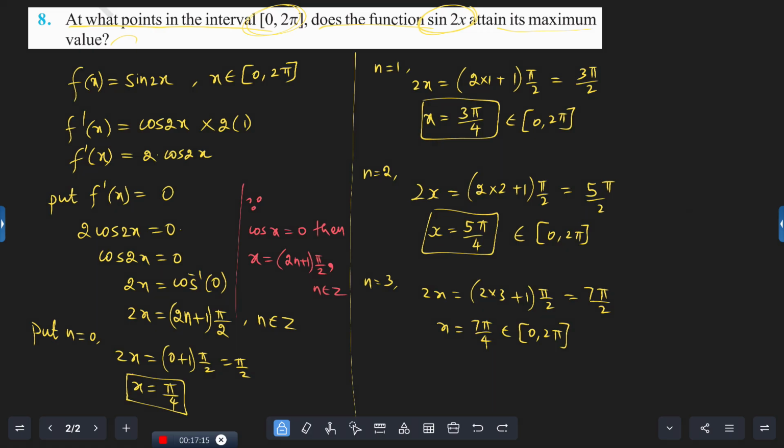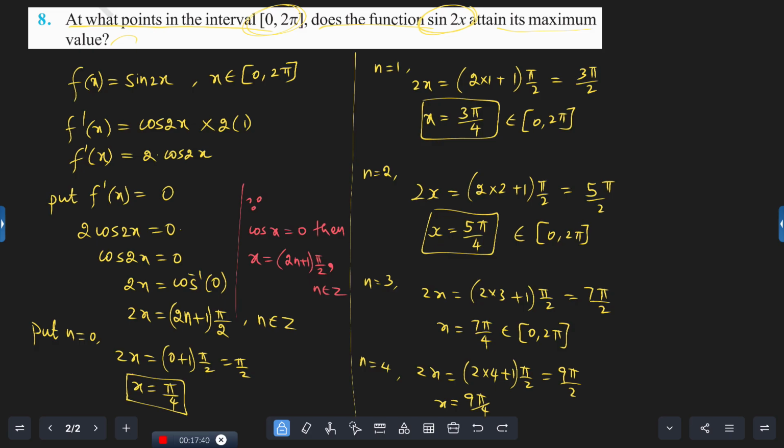Understand? Now finally, n equal to 4. So 2x is equal to (2 into 4 plus 1) into pi by 2, which is 8 plus 1, 9 pi by 2. So x is equal to 9 pi divided by 4.